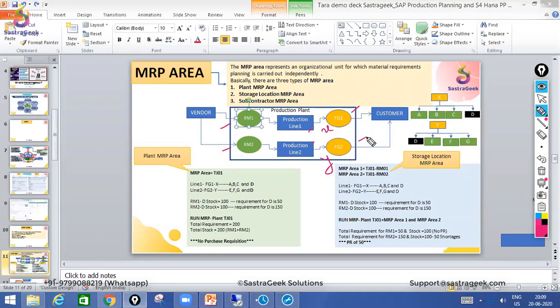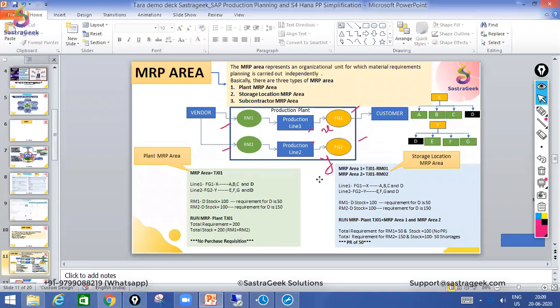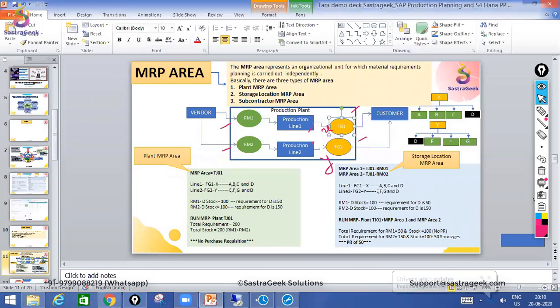Now let's think about the same scenario we discussed last time. Let's say I'm manufacturing X finished product on line 1 and Y finished product on line 2.